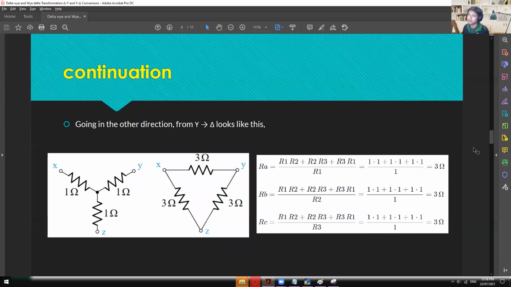So again, I'll give you guys a minute. The main goal of this example is just to convince you that from here to that conversion and then going back to the original one is still the same. It's just saying that the conversion, or the logic behind it, is correct.